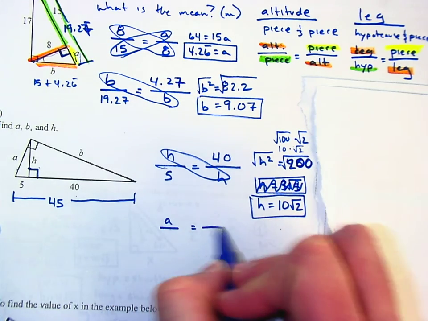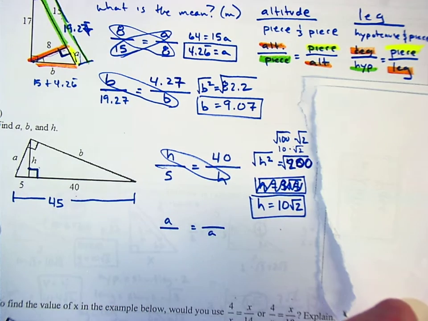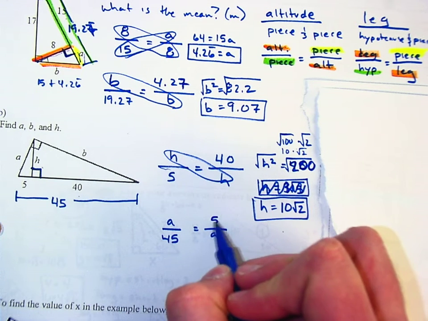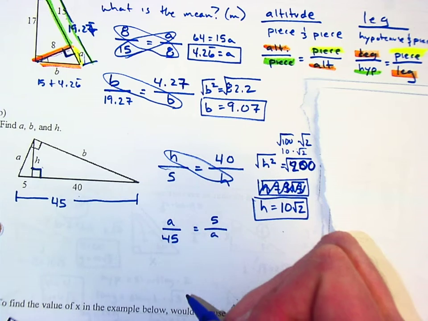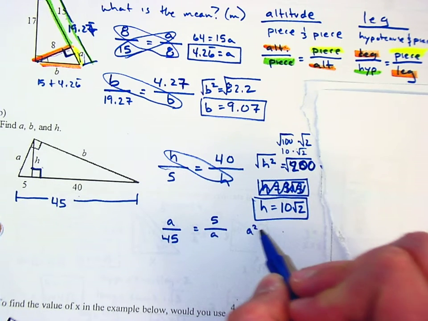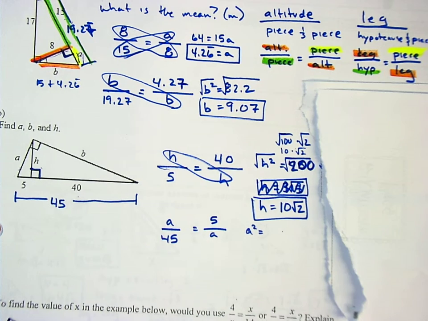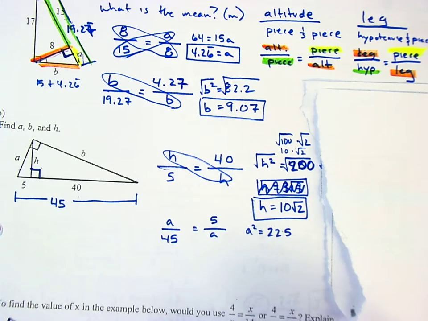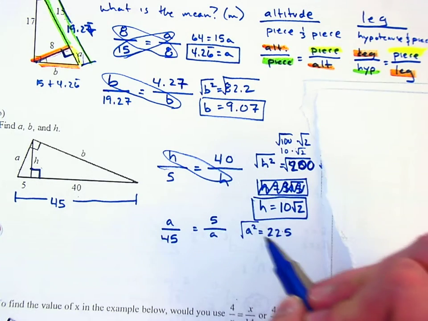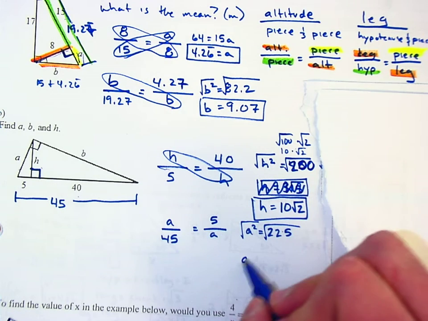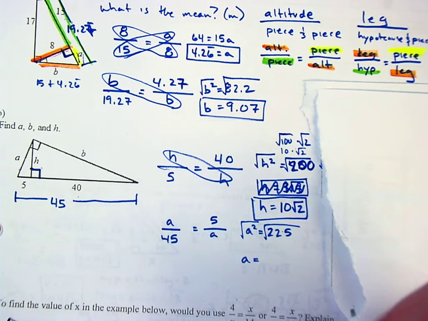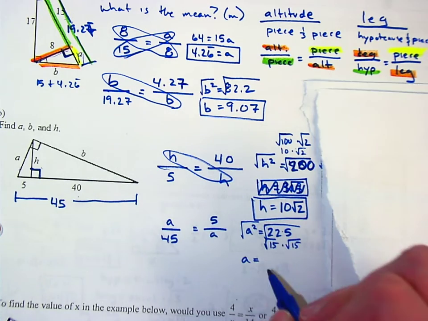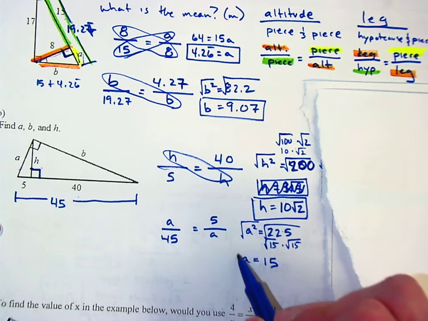A over something equals something over A. Well, the hypotenuse is 45, and the piece closest to it is 5. We get A squared equals 5 times 45, which is 225. We need to square root it to find A. I know that 225 is actually a perfect square. It's square root of 15 times square root of 15. So A equals 15.